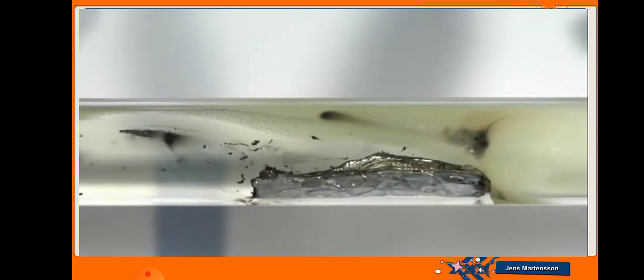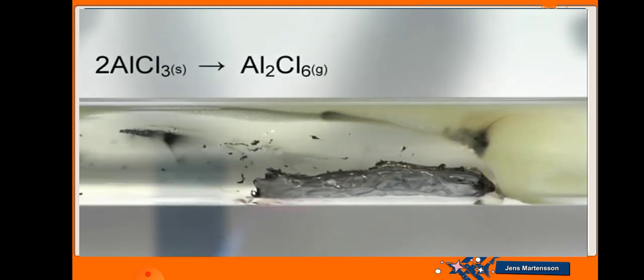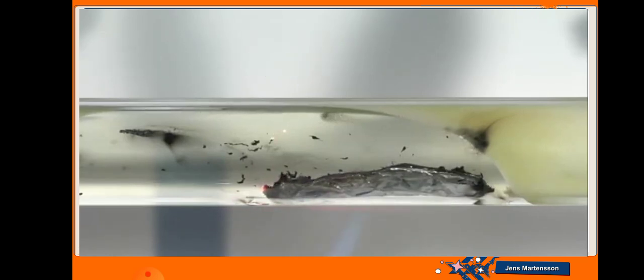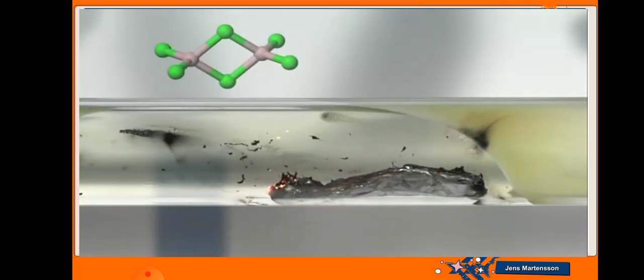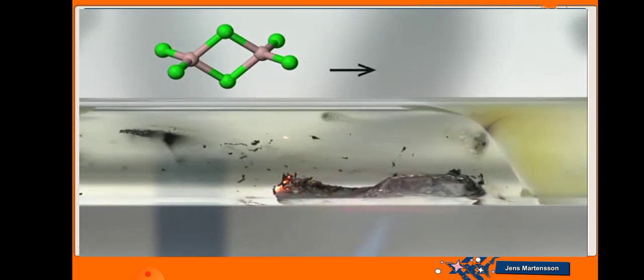Aluminium chloride is volatile and can be sublimed by heating. You can see the aluminium chloride will be formed down here. These are further broken down at higher temperatures to aluminium chloride molecules in the gas phase.